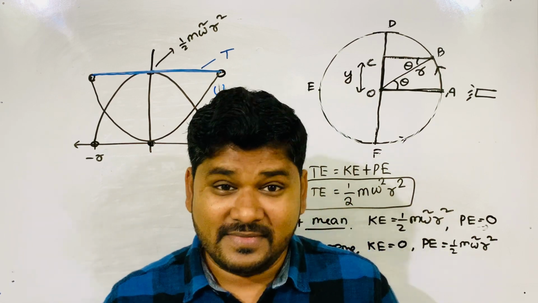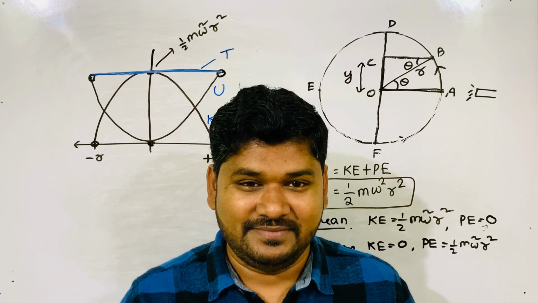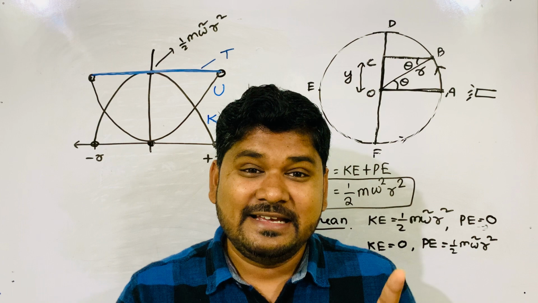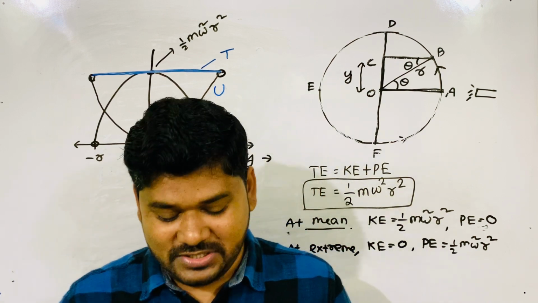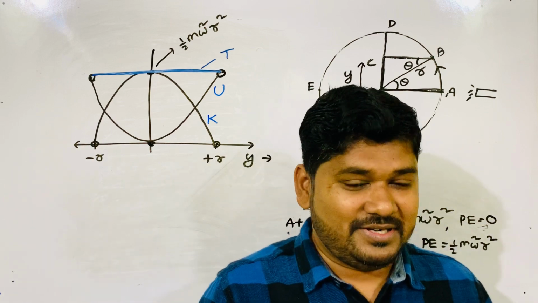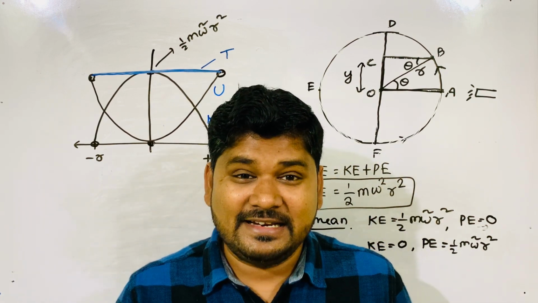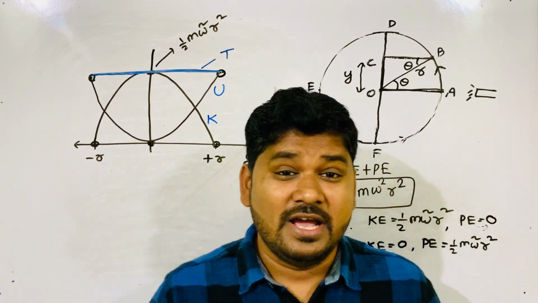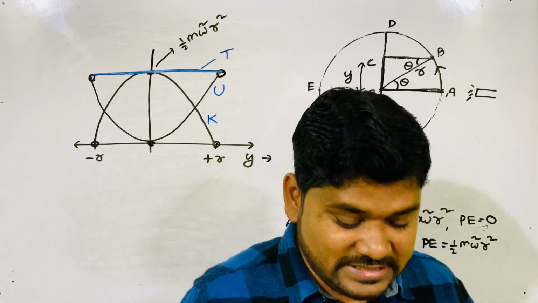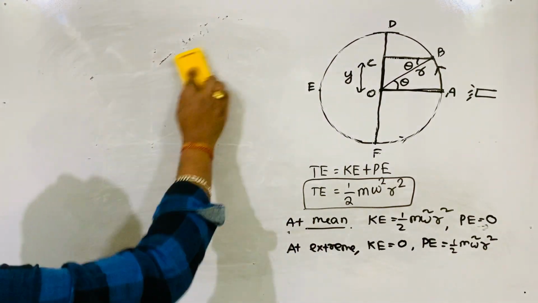What's the question? At which position is kinetic energy equal to potential energy in simple harmonic motion? Understood the question? Write it down. You pause the video here and solve it.